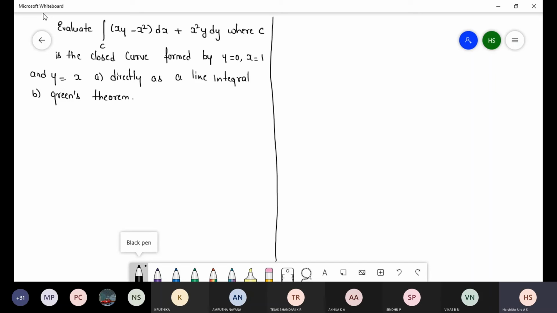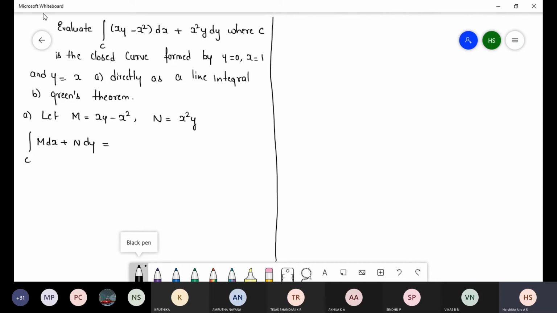So first we see the line integral, then we will move to Green's theorem. So here first let m be xy minus x square, n is equal to x square y. So integral over the curve C, m dx plus n dy.